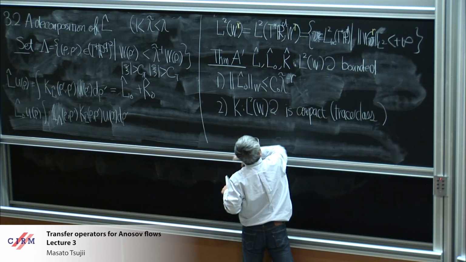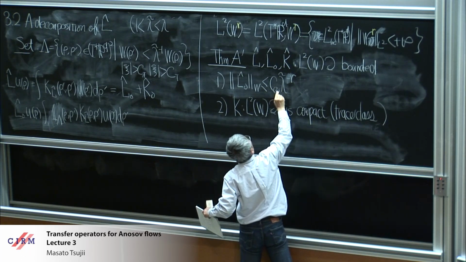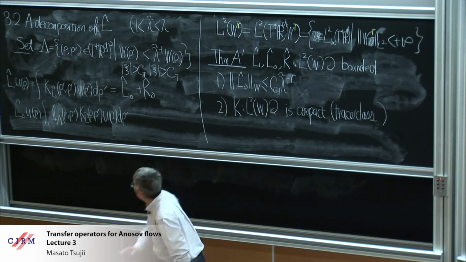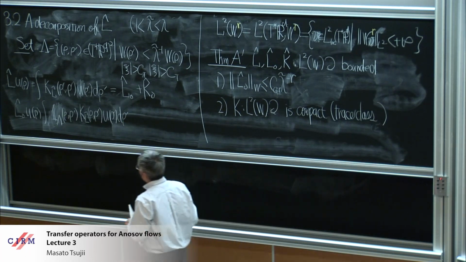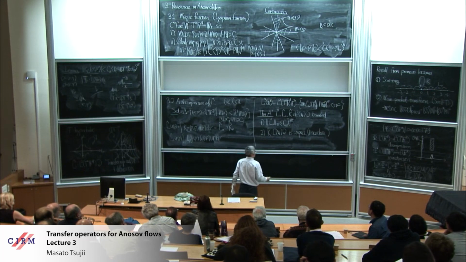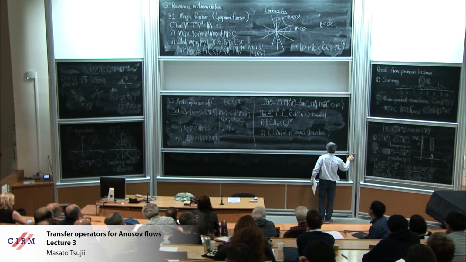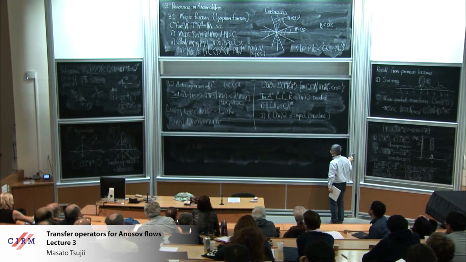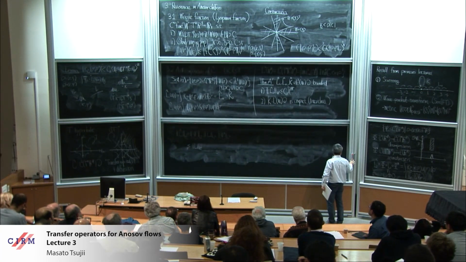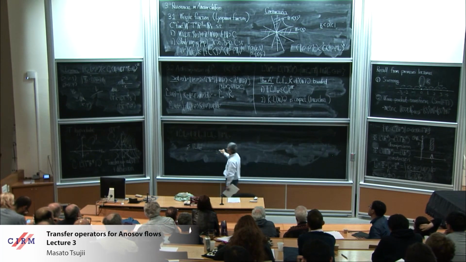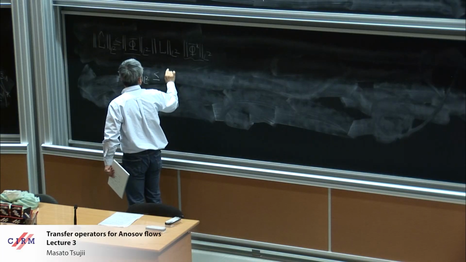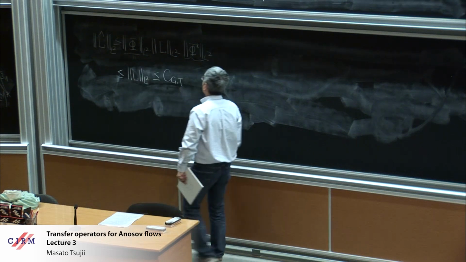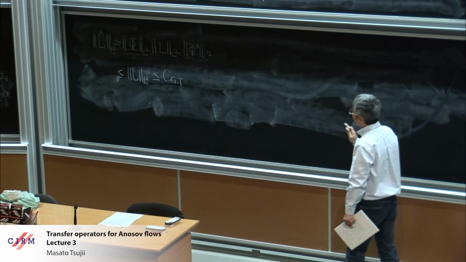So let's say this is G and T. And then it's clear that this is bounded by some constant G and T. Okay, this is quite clear.